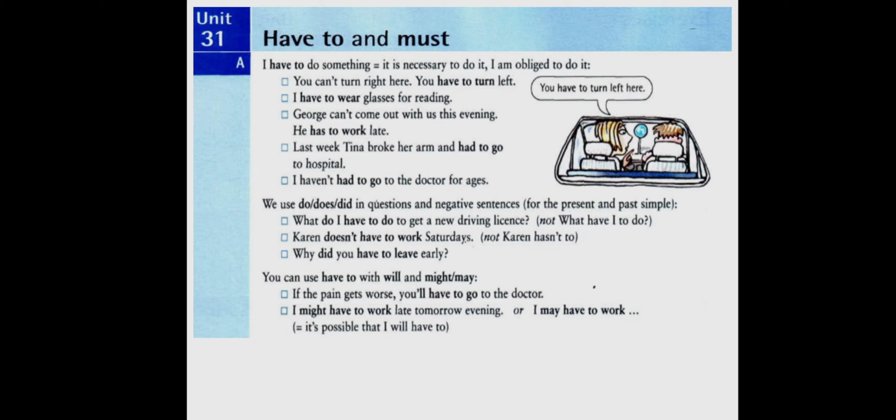We don't use must. So we don't say I might must work or I may must work. It is incorrect. We say I might have to. We use have to instead of must in other forms of verbs other than present.